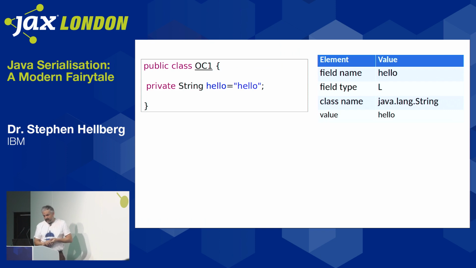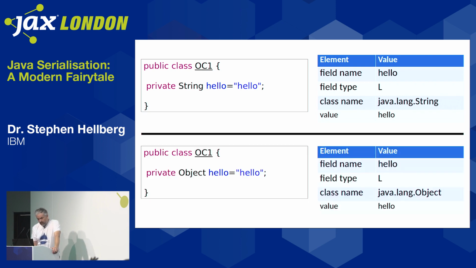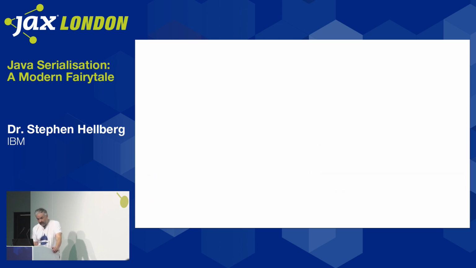Okay, so this is the example. This is mostly what we'll be looking at from the point of view of the payload which we're looking at. But if instead of that string I'd actually been sending around an object, well, as a receiver, all that we've talked about so far would still work.